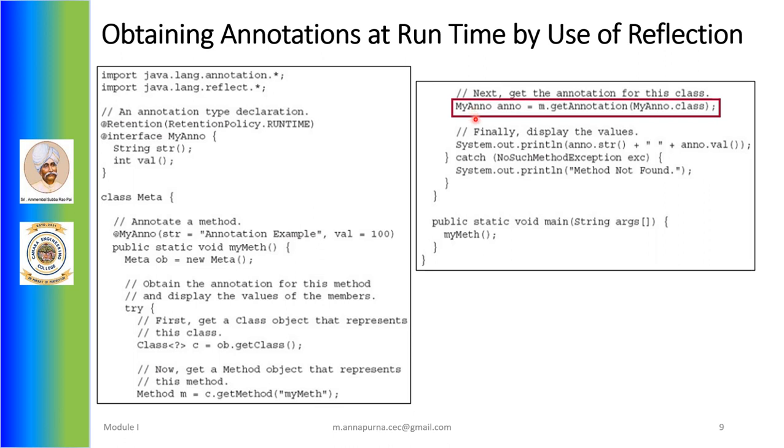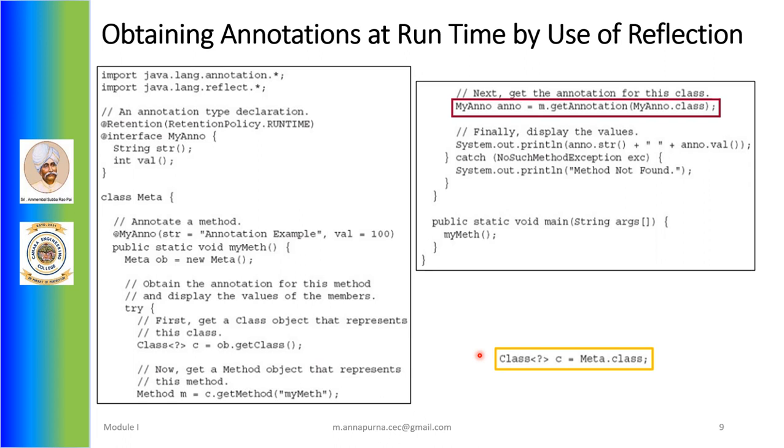That is, this statement could have also been used to obtain the Class object for the Meta class like this: Class c = Meta.class. This approach only works when we know the class name of an object in advance, which might not always be the case. In general, we can obtain a class literal for classes, interfaces, primitive types, and arrays.